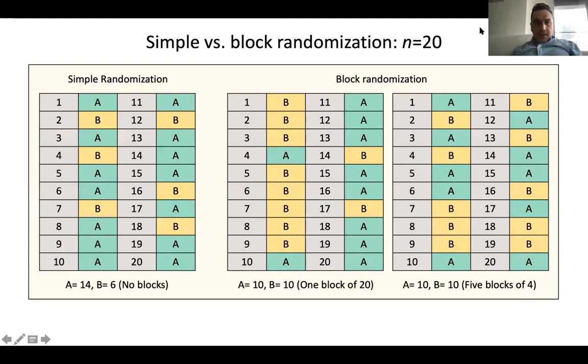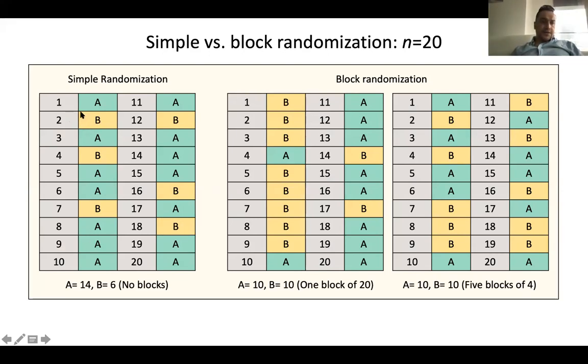Right, okay. So what you see here is just a simulation of a clinical trial with 20 participants. On the left side, you see the simple randomization. On the right side, you see the block randomization.